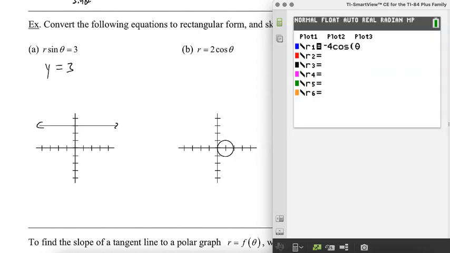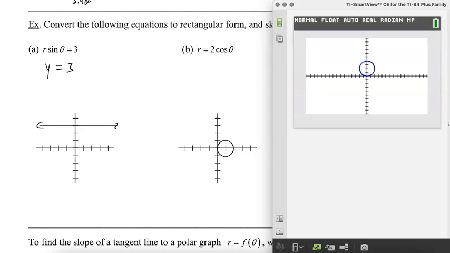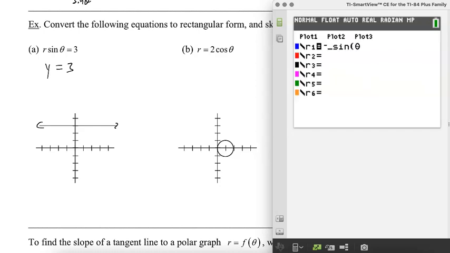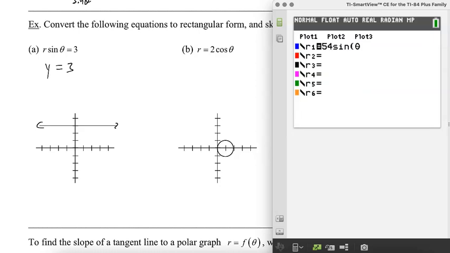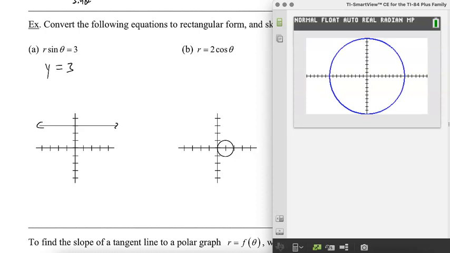If I make it 4 sine of theta, sine is related to y, so it'll be a circle with a diameter of 4 on the y-axis. And if I make it negative, it'll be on the negative y-axis. Those 4 equations, really 2, because the negatives just reflect it, as well as r equals 5 or 10 or something like that, I want you to recognize as a circle with a radius of 10. Those 3 things you should be able to do without a calculator by the time you get through this stuff.